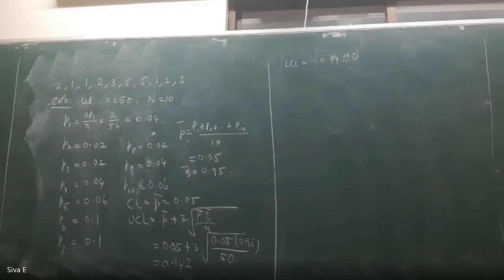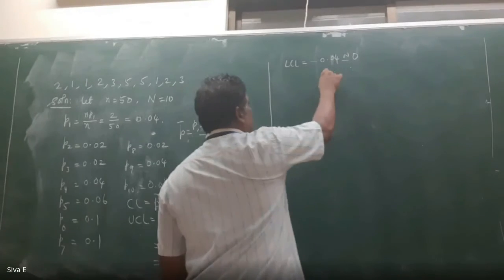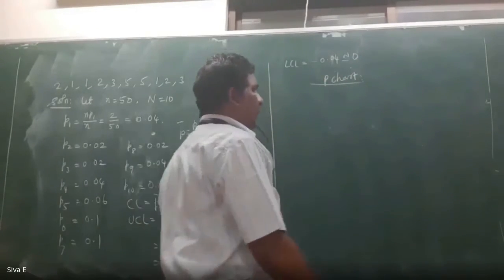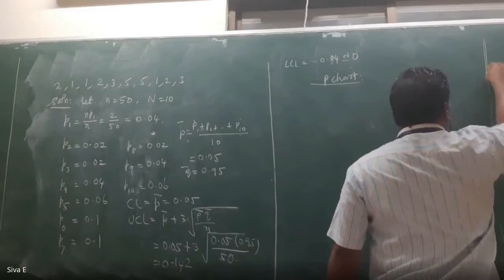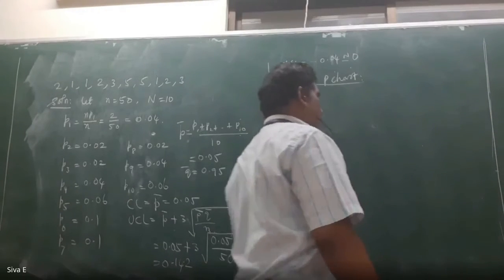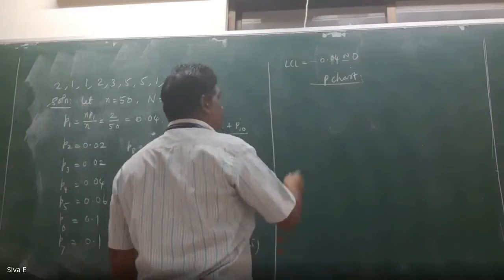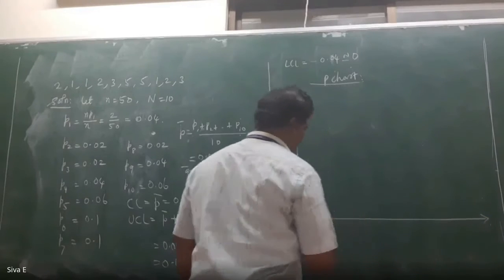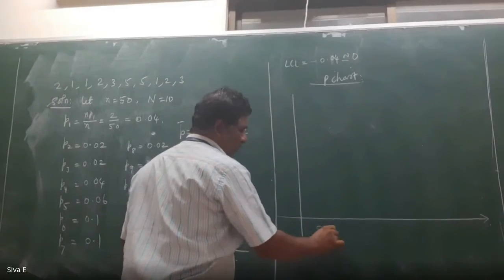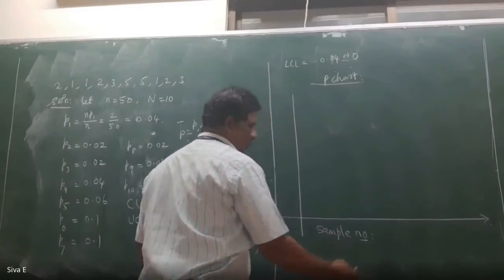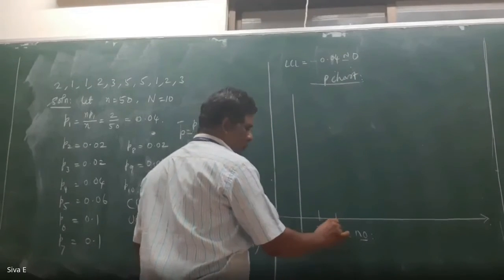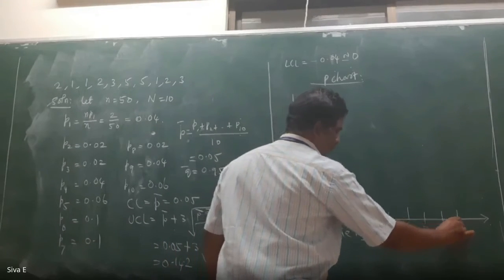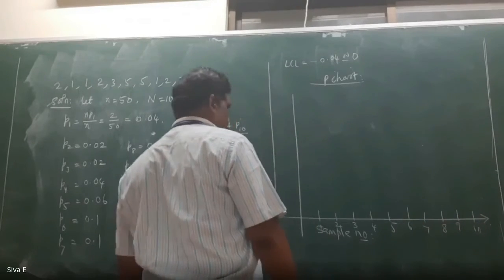Here, draw that P chart heading. X-axis, sample number: 1, 2, 3, 4, 5, 6, 7, 8, 9, 10.